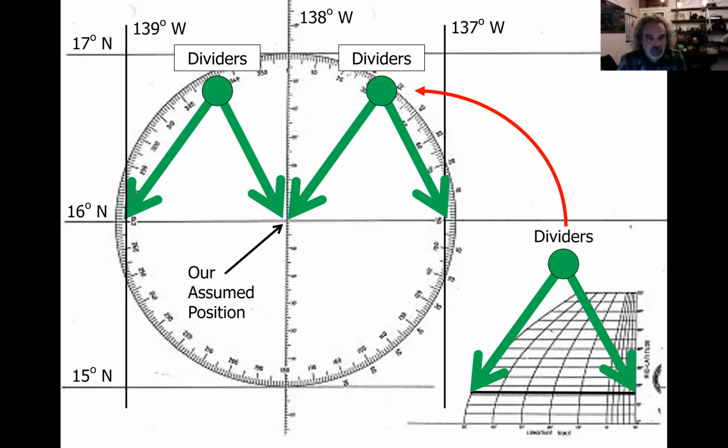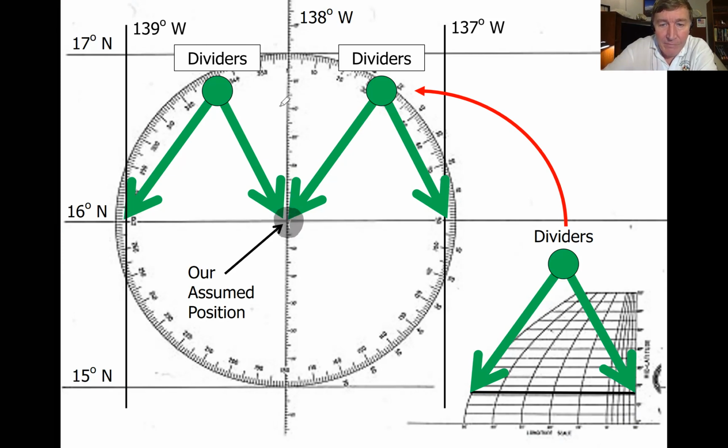I'm going to be dumb here. How are we picking those two green spots? I start with our estimated position, which is the cross right here. So this point is our estimated position.